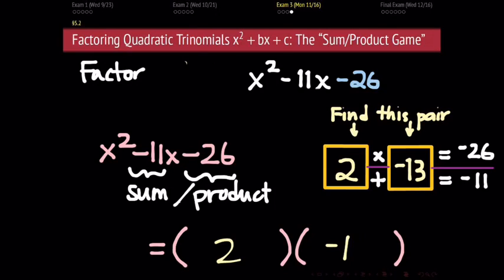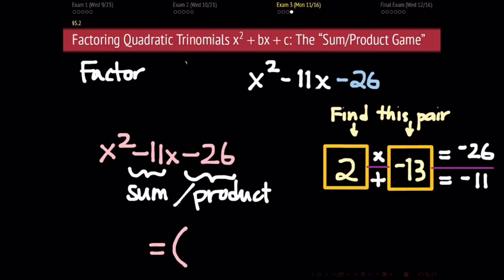What role are these numbers going to play in the product of these factors? Don't you set it up like how you set up the thing for 4? Yeah. So that's x plus 2 and x minus 13. Yeah, you're reading my mind.